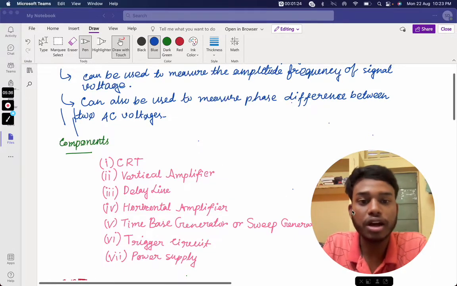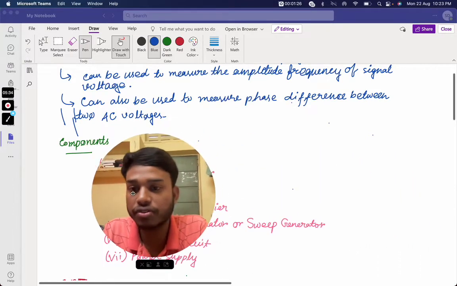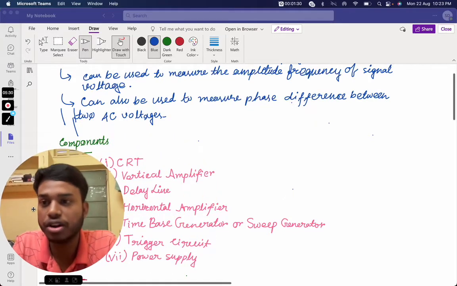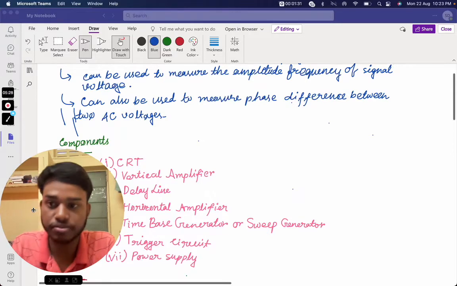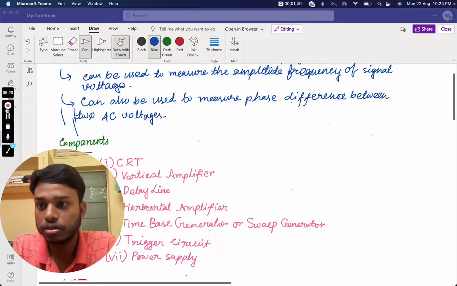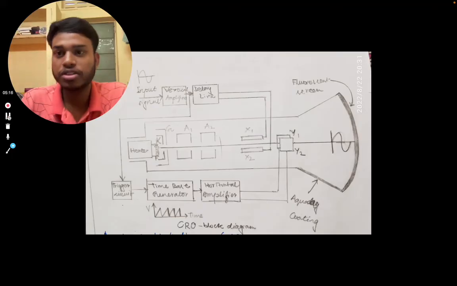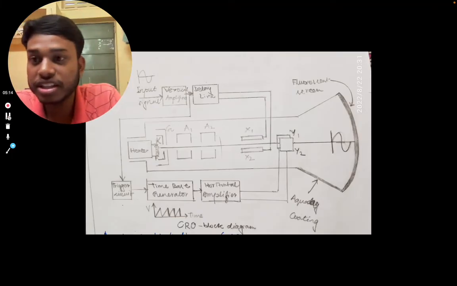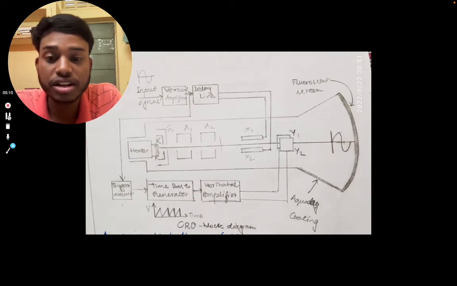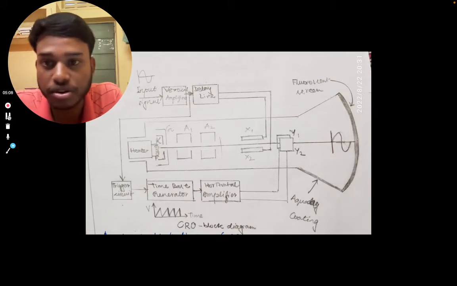Before going to the details of these components, let us first see the block diagram of the CRO so you can better understand the concept. Let us go ahead with the diagram first. Let me open it. Here on the screen, you can see the block diagram of the CRO.